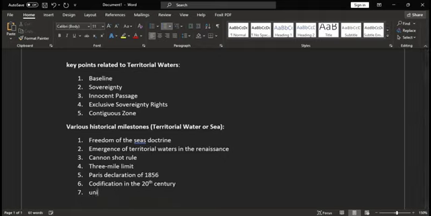United Nations Conference on the Law of the Sea. The acronym is UNCLOS.